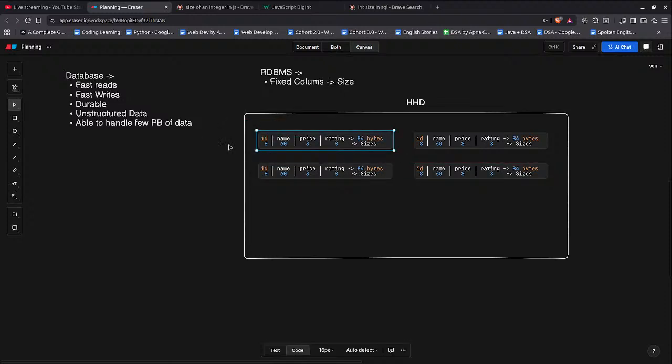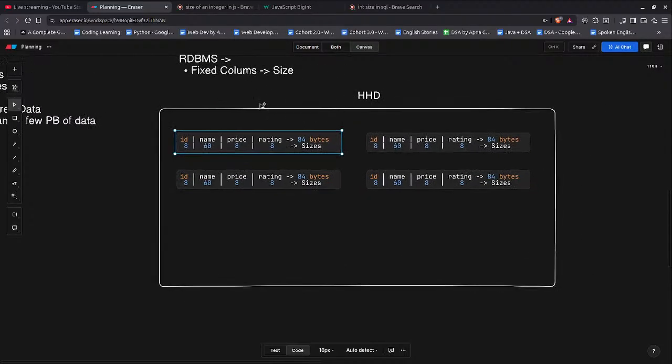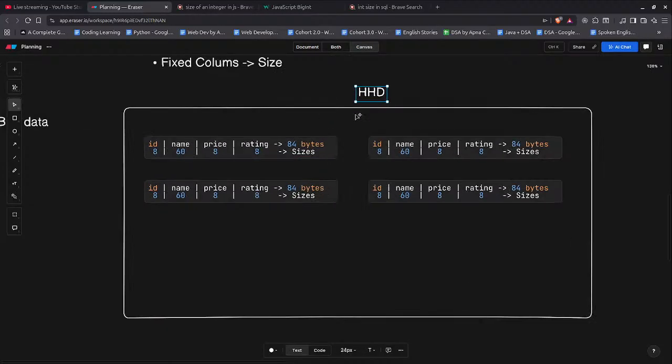If the ID is 2, we will simply add to whatever the reference point of this is. Suppose it starts at 0 byte and goes till 84 bytes. Hopefully this is how it is stored. On HDD, because we talk about storage here, ultimately it is a storage where we can store some data, and at the end of the day that data is going to be stored in bytes.